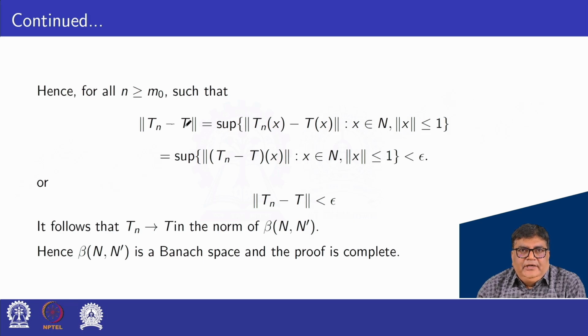So ‖Tn − T‖ < epsilon. It follows that Tn converges to T in the norm of B(N, N'). Hence, we have proved here under the given norm also Tn converges to T. That is, B(N, N') is a Banach space when N' is a Banach space. And the proof is complete here.